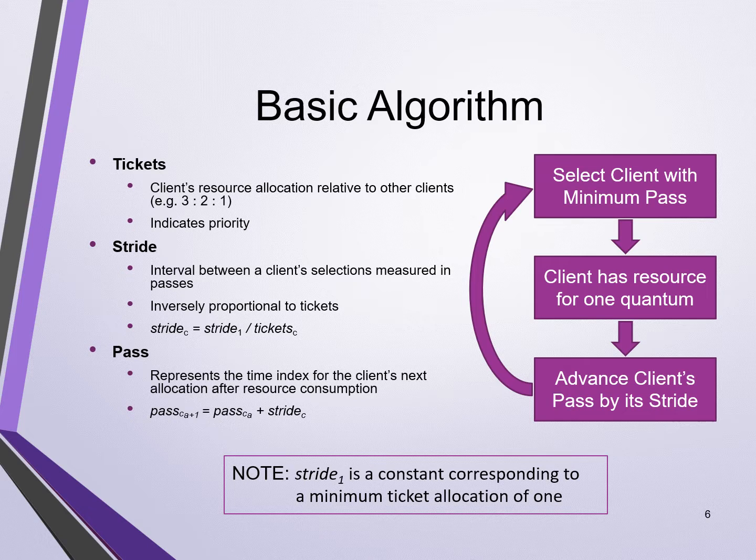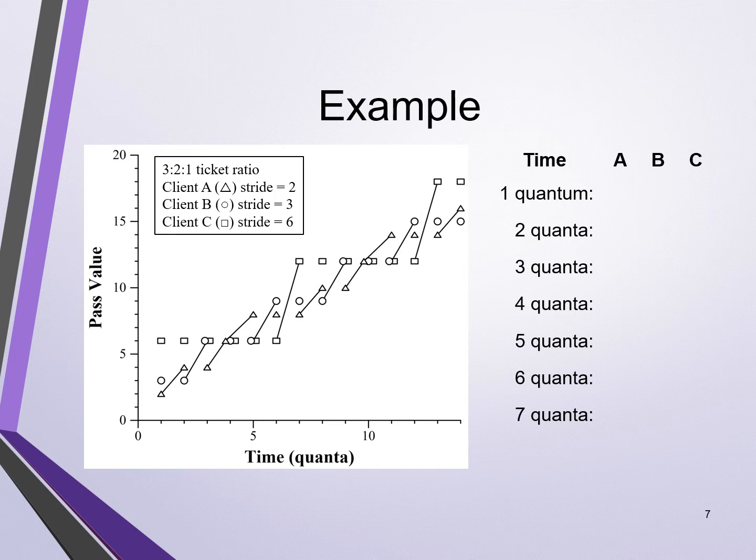Then it uses the resource for 1 quantum, and then its pass is advanced by its stride. If more than 1 client has the same minimum pass value, then any of them may be selected. Typically, and for the next example I use, if there's a tie, then the client with the highest priority or the most tickets will get selected.